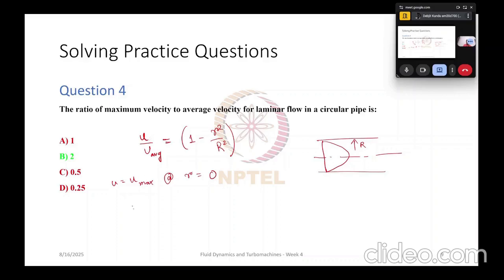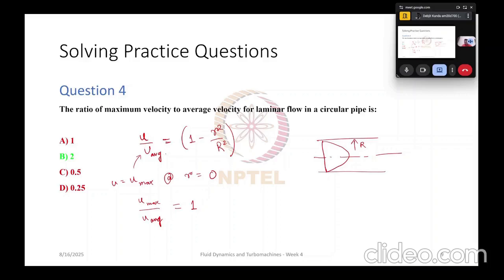So if I plug this into this equation, we get u max over u average. So instead of r, we'll put 0. So it will be 1 minus 0.